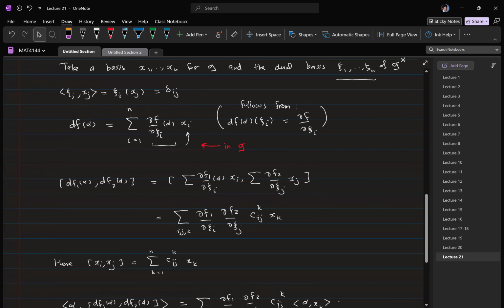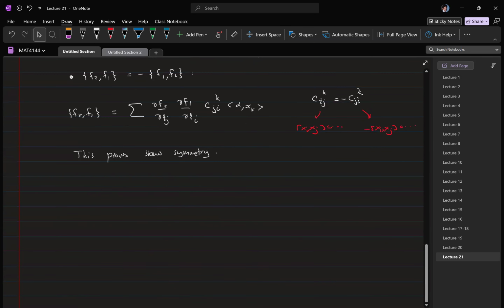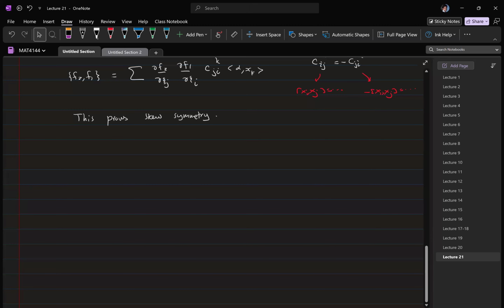So the formula, maybe I should rewrite this formula for the next step. So we set Wij alpha to be sigma Cijk, this is only summation on k from 1 to n, times alpha xk. So this is a linear map, linear functional in alpha. It's linear in alpha. Okay. Good to bear this in mind. Looks complicated, but it's just a linear map.